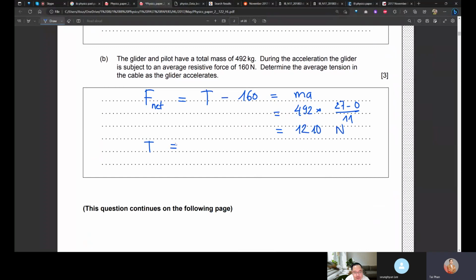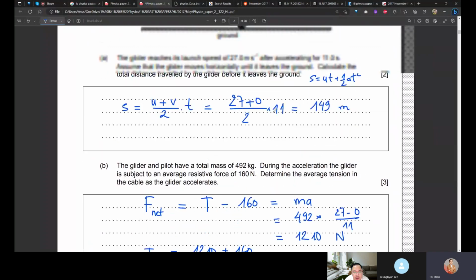And then the tension is 1,210 plus 160, which is 1,370 if we round it.